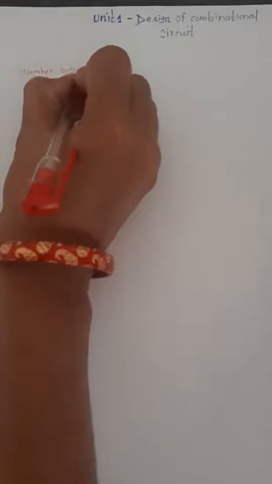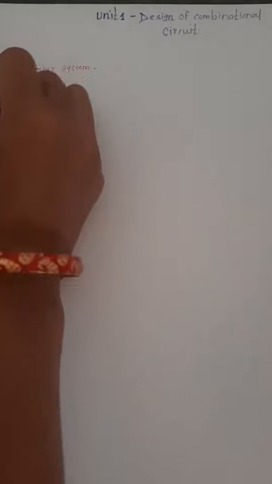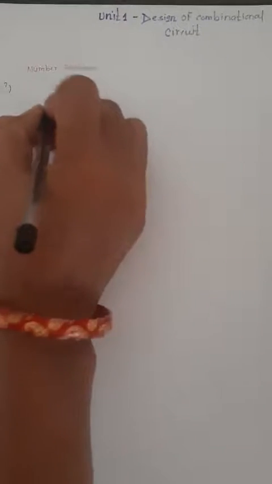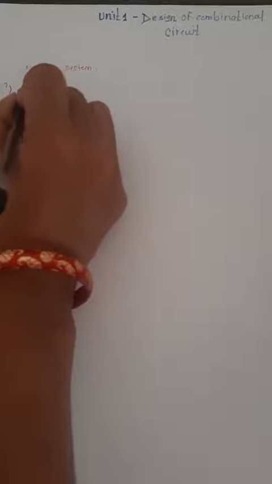In previous lecture, we have seen the number system. That is, we have seen 4 number systems. First one is decimal number system.